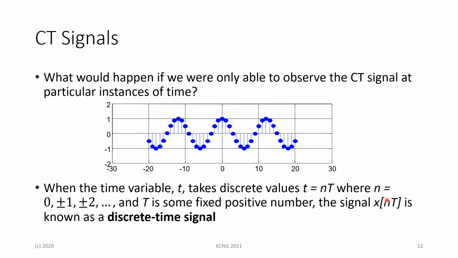So n represents the instance or the sample at which you are at. Capital T represents our time interval or sampling time, meaning the time spacing between 2 successive instances or 2 successive samples. So in particular, whereas our continuous time signal would have been x of t, our discretized time signal is going to be x of n.